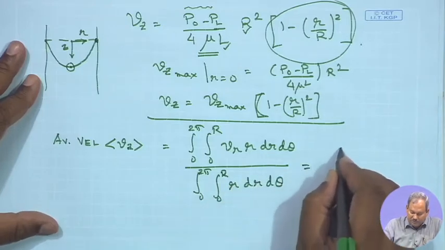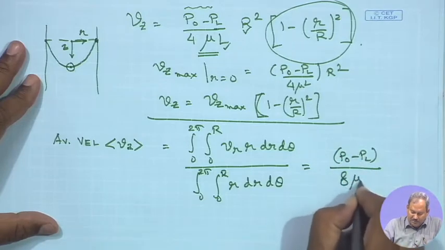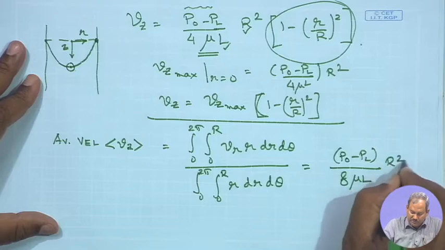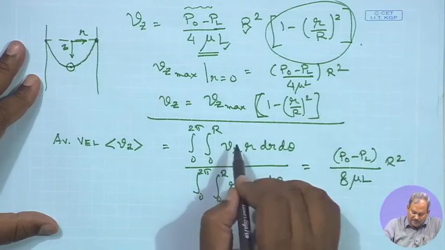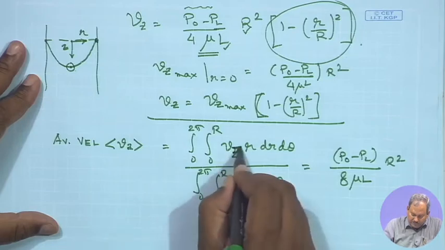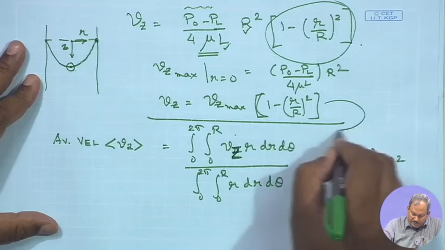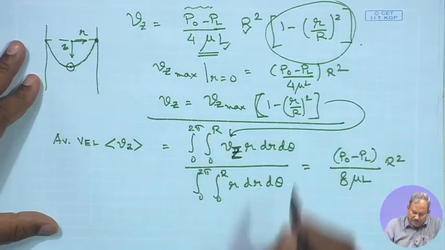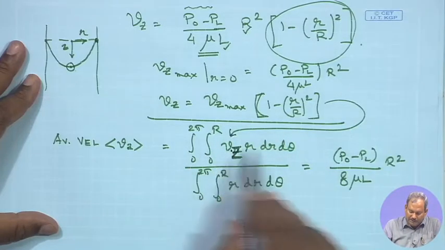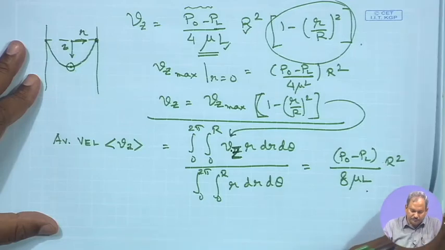This should be equal to (P0 minus PL) by 8 mu L times R square, and in this Vz is essentially the one from the previous relation that you plug in here to obtain the expression for the average velocity.